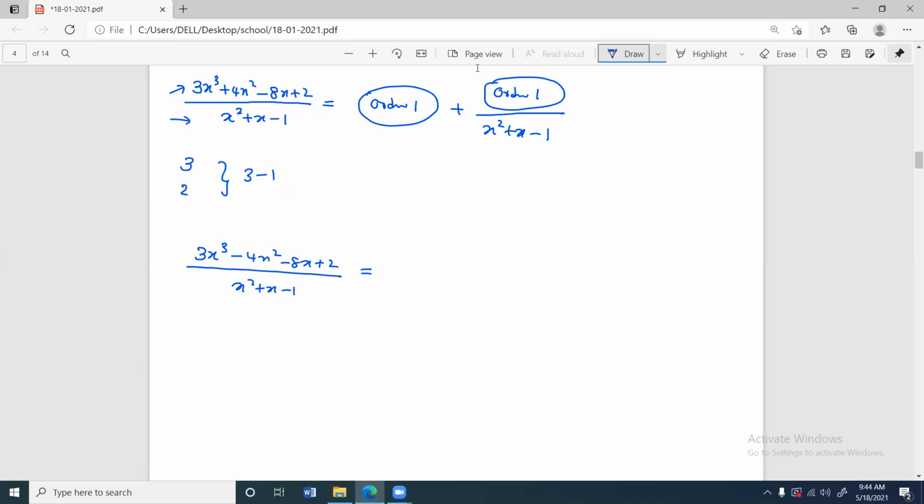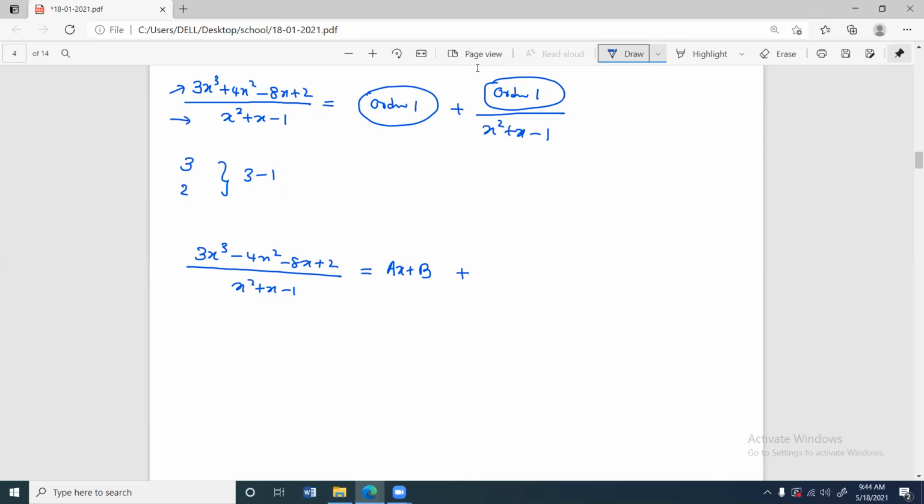Then we write an order 1 equation. Order 1 means an x to the power 1 equation, that is, we can write ax plus b. We don't know what a is, we don't know what b is. Plus this one is also an order 1 equation; use different coefficients because these numbers may not be similar.